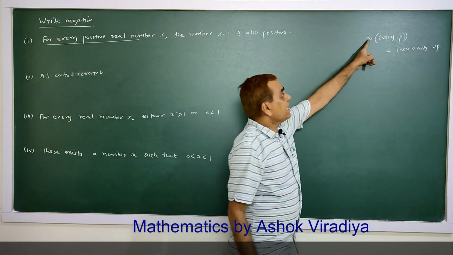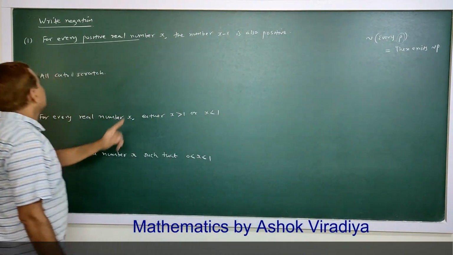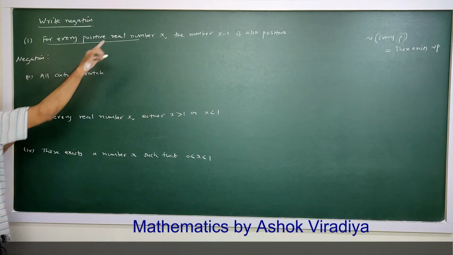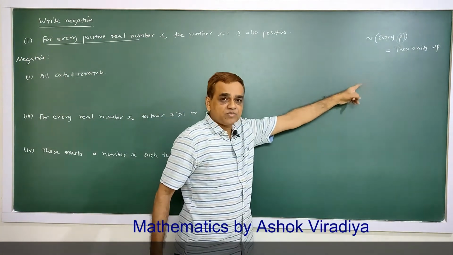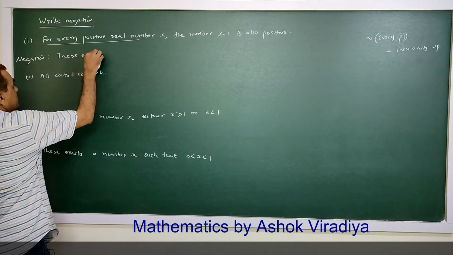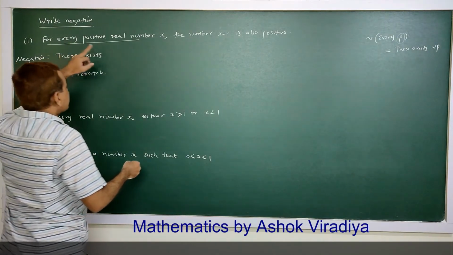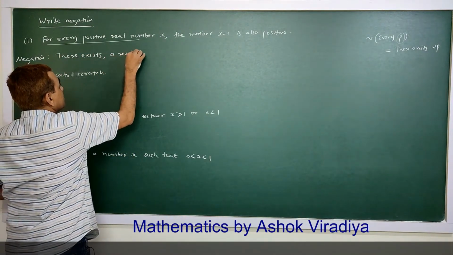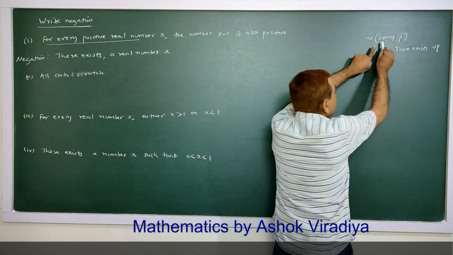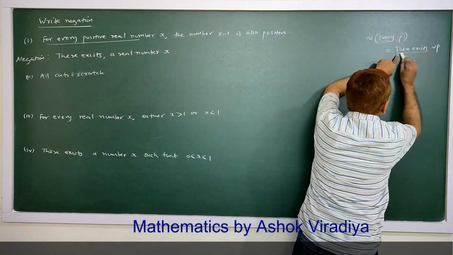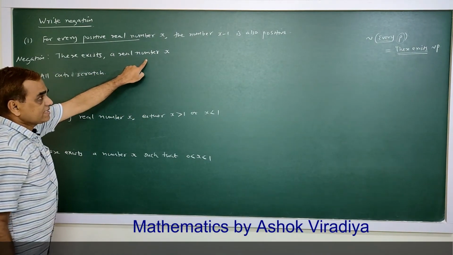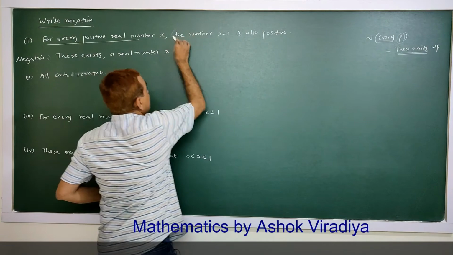Now we want its negation. So by this rule, there exists a real number x. This was for all; this is for some particular member. So we put a real number x. Now we deny this property.